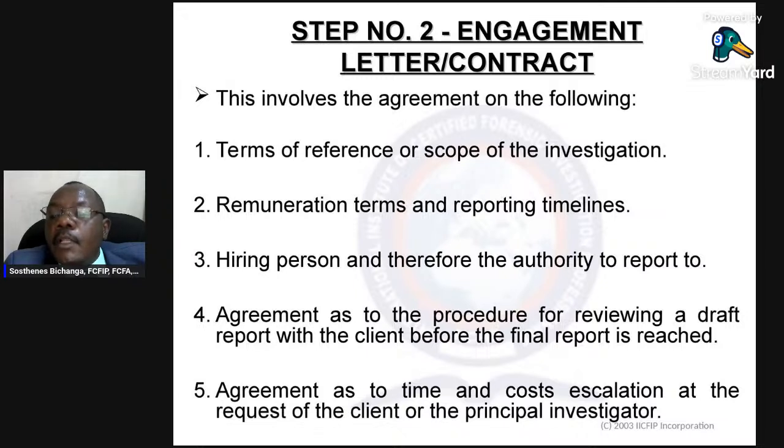This case equally applies in forensic investigations. Amongst the things that should be included in an engagement letter are the client details, subject matter, scope and objectives of the investigation.